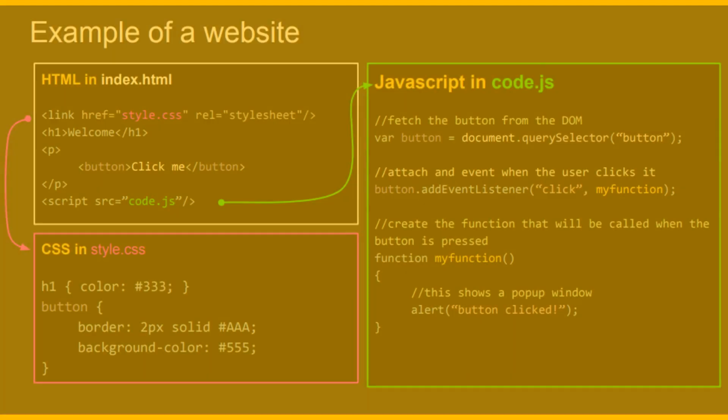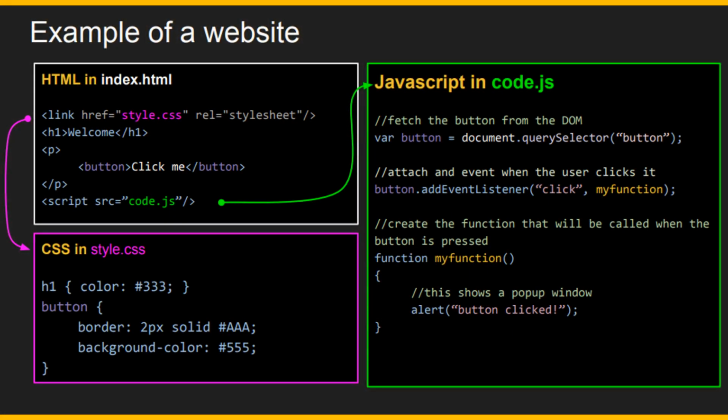Let me show you a full example of a website with the 3 files: the index.html file, style.css, and code.js, externally. So here we have our HTML. I've just removed the html tag and the head tag, and taken only the tags that are inside the body. So we have link href equals style.css.